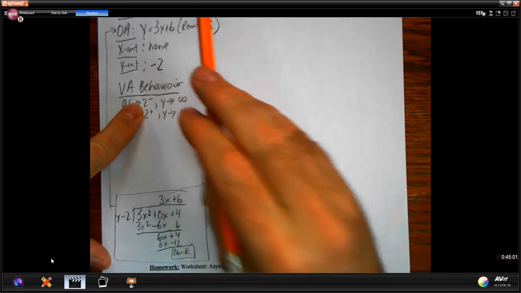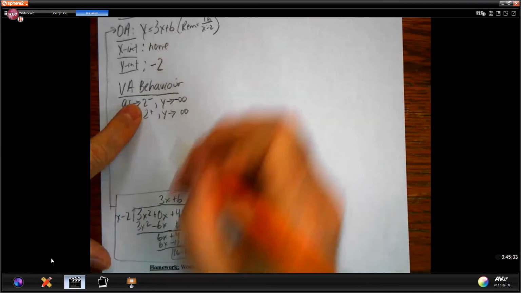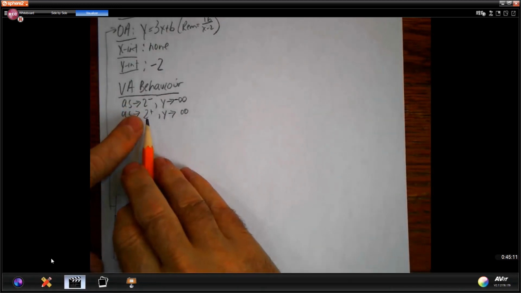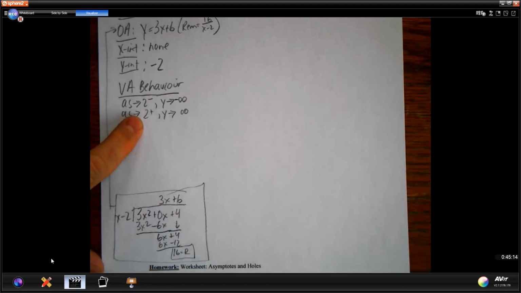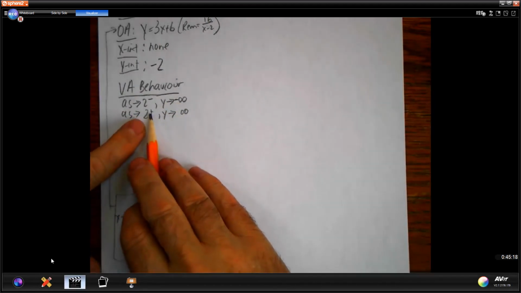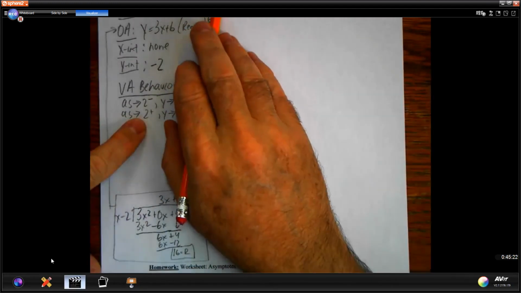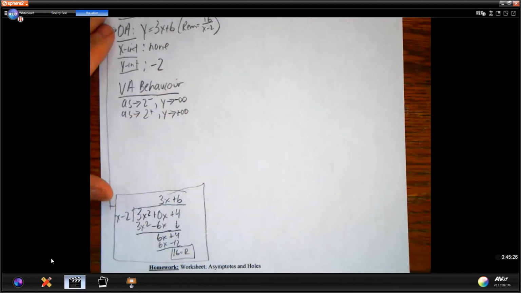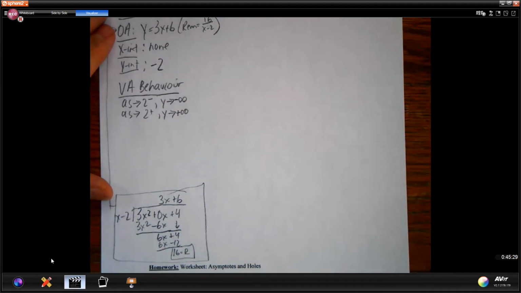Positive over negative is negative, so this approaches negative infinity. And then as x approaches 2 from the positive side, use our sample value 2.01. This time the denominator is positive, the top's positive, so we're approaching positive infinity.